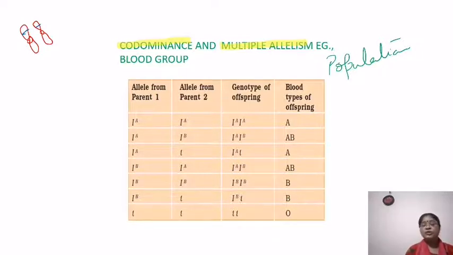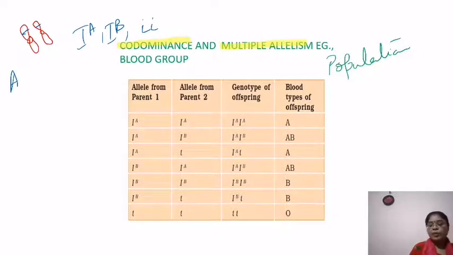Now this blood group is regulated by three kinds of alleles. What are they? They are IA, IB, and small i. If I have blood group A, it can be represented by two allelic compositions, that is IA IA, or IA i.